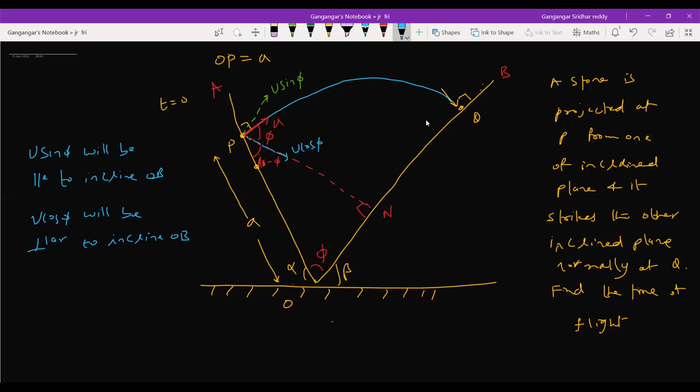Now you're going to resolve this g. So resolve the g now. This will be g sine beta, and this will be g cos beta. Write the equation now. First, perpendicular to incline OB.